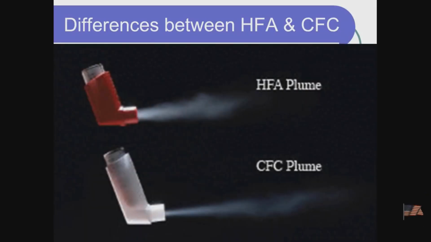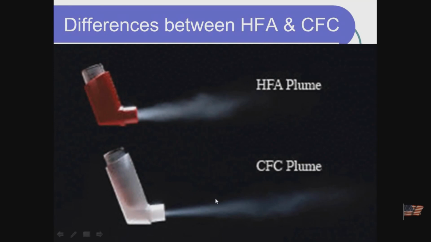So the conversion happened that all of a sudden we went to HFAs versus CFCs. Patients who were taking this medication and were told now you're going to use this medication all of a sudden said, I don't feel it. This medication isn't working.